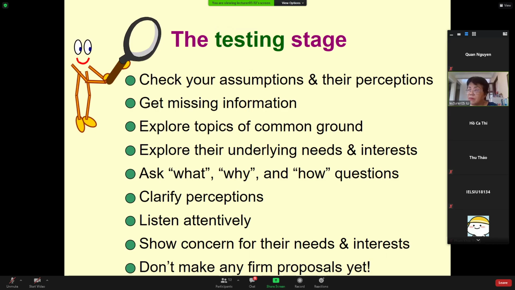Ask why, what, how, clarify the perception and listen attentively. Show respect, show concern for their need and interest, and don't make any firm proposal. So this is the stage where you are trying to understand.